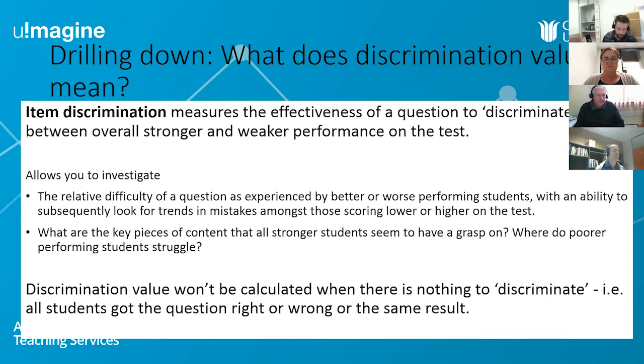It's important to note discrimination value isn't calculated when there's actually nothing to discriminate. So if all students get the question right or wrong, or if they all get the same result, there's nothing to discriminate. So therefore it will tell you that there's nothing here to really tell you in terms of the bigger picture and how students will go on the test as a whole.